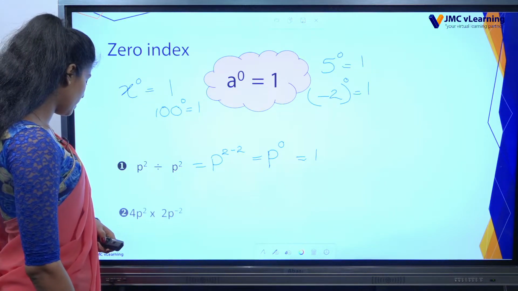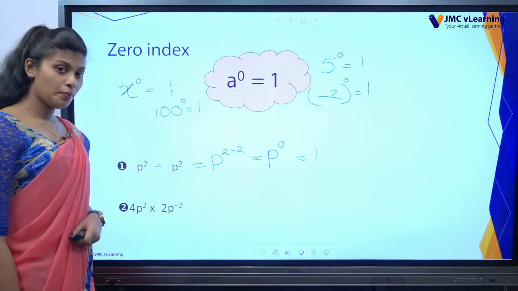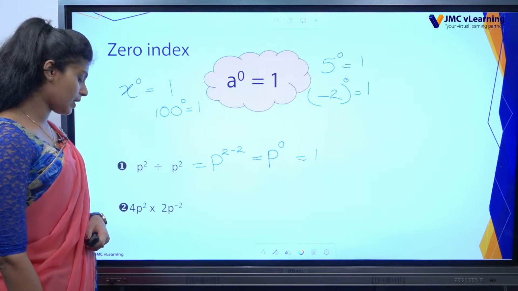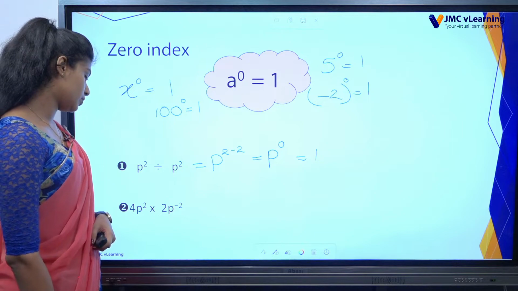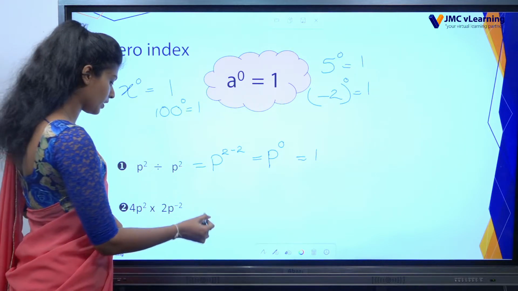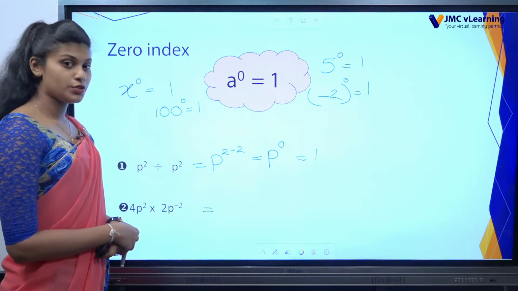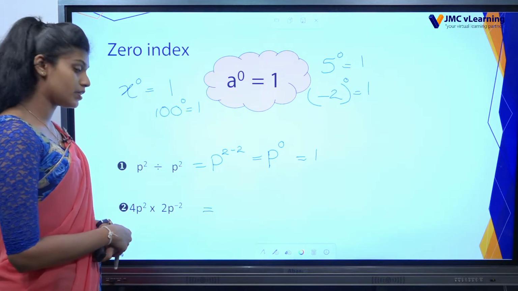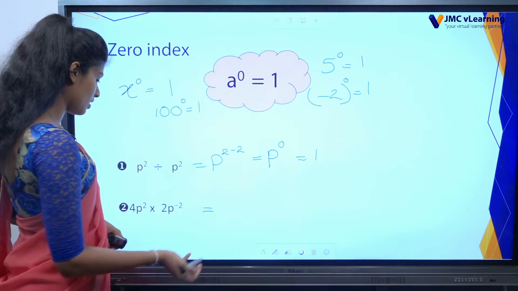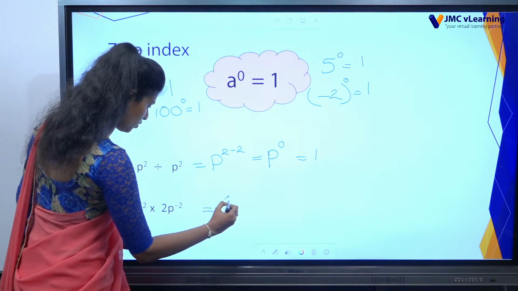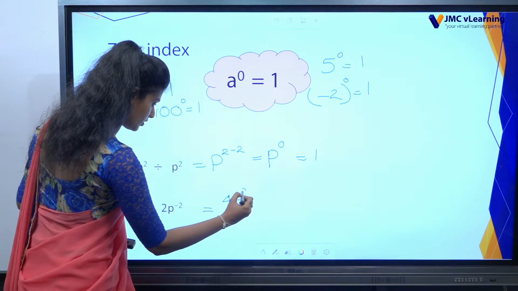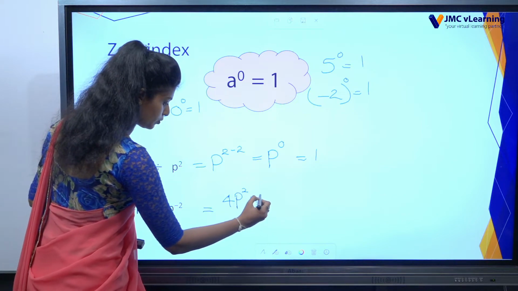So the second one, 4p to the power 2 multiplied by 2p to the power minus 2. Here also a minus part is there. First you have to turn that power into a plus 1. Then 4p to the power 2 into 2.